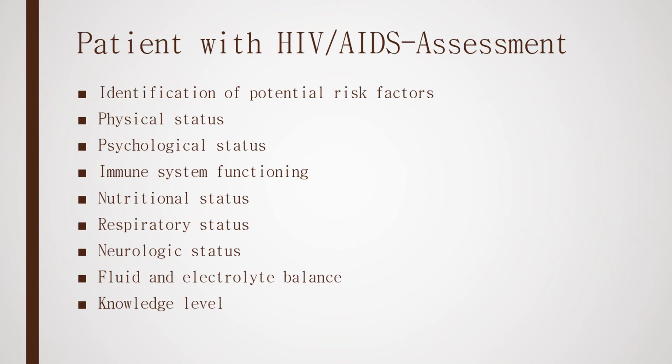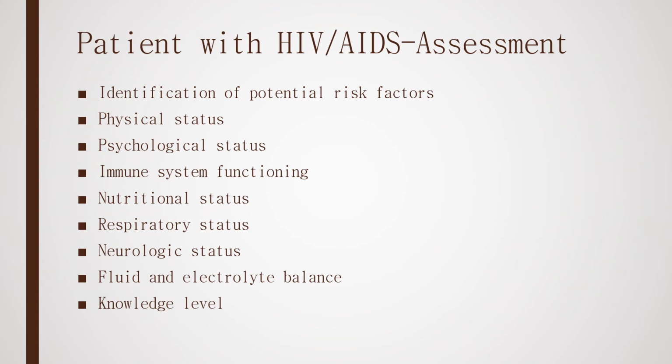Now, basically, we need to identify the potential risk factors. We need to check the physical status of the patient, psychological status, immune system function, nutritional, respiratory, neurologic, fluid and electrolyte status, and the patient's knowledge level, which is important. The lower the knowledge level, the poorer the progression and the shorter the lifespan.